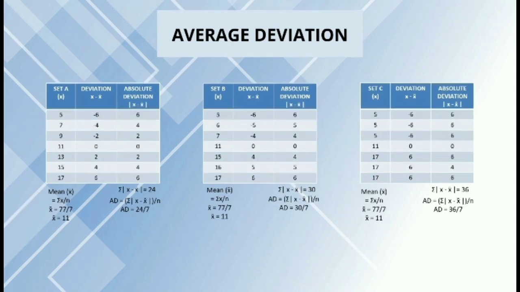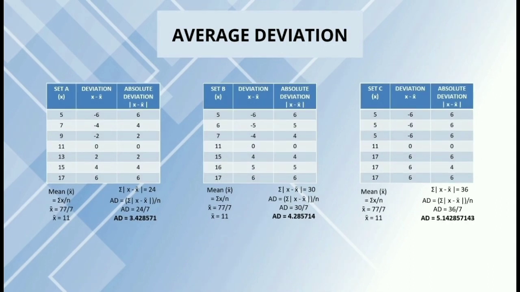Set A average deviation would therefore be equal to 3.428571. Do the same sequence of steps for set B and C, and we get the average deviation of set B to be 4.285714, and set C to be 5.142857.